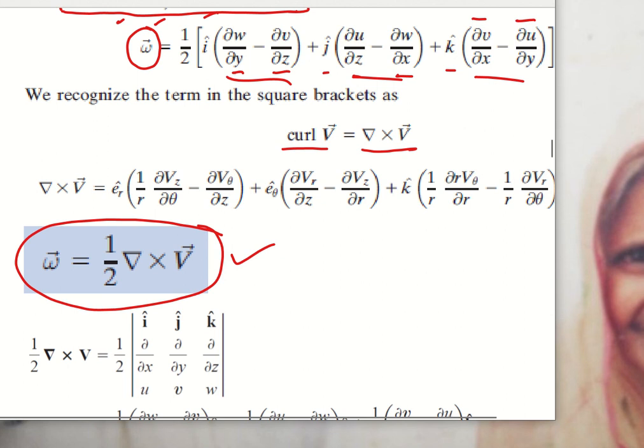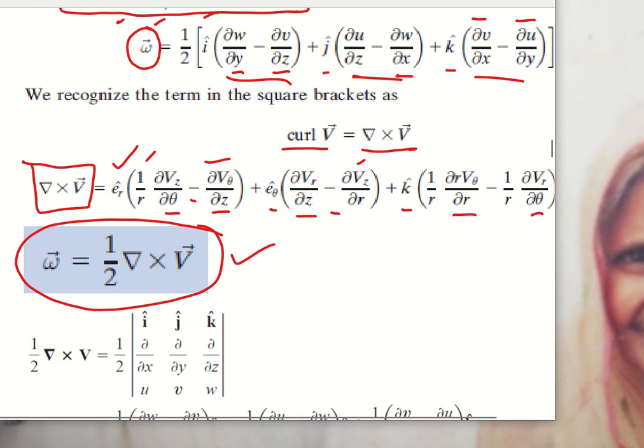Now let's say we have a polar coordinate. For polar coordinates, this del cross v or curl of v is equal to e r cap (1 over r del v z over del theta minus del v theta over del z) plus e theta cap (del v r over del z minus del v z over del r) plus k cap (1 over r del (r v theta) over del r minus 1 over r del v r over del theta).